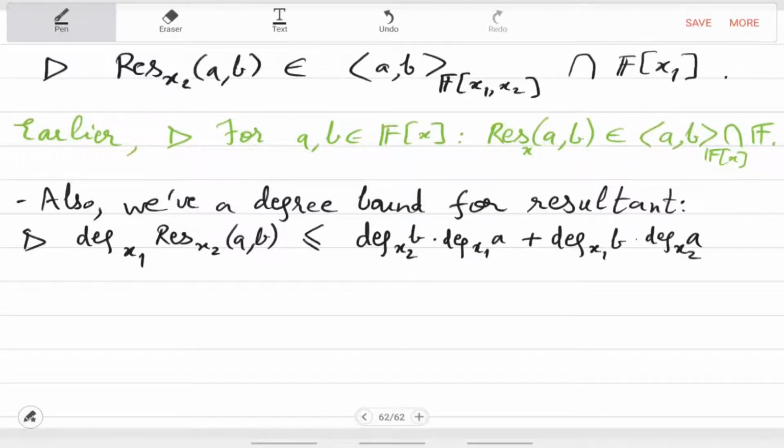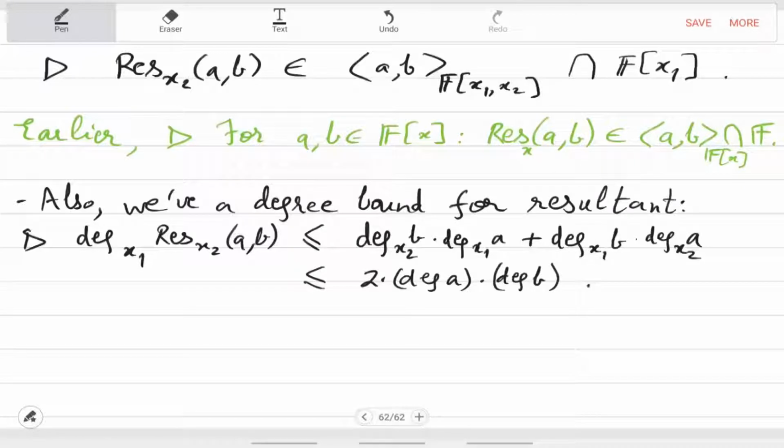So we'll use the bound twice the degree of a times the degree of b. If you exactly write down the matrix and check the determinant degree, you will get this bound. It's basically the product of the degrees of A and B, the total degree with respect to both x1 and x2, all variables, times this factor of 2.